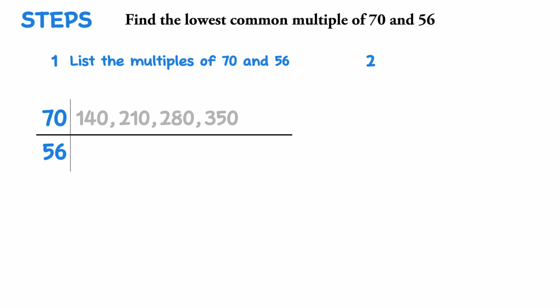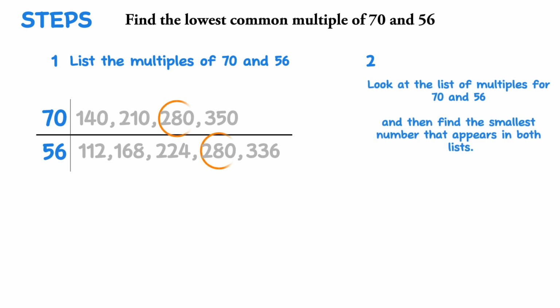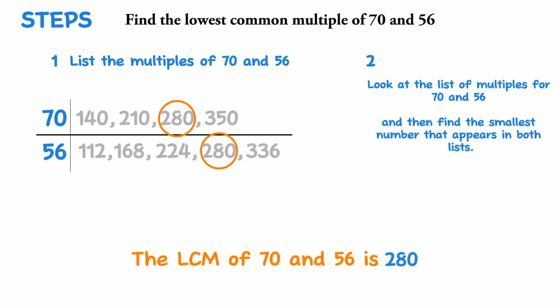And for 56, it would be 112, 168, 224, 280, and 336. If we just take a look at our multiples here in both lists, we can see that 280 is the first number that appears, which we would then class as being the lowest common multiple of both 70 and 56.